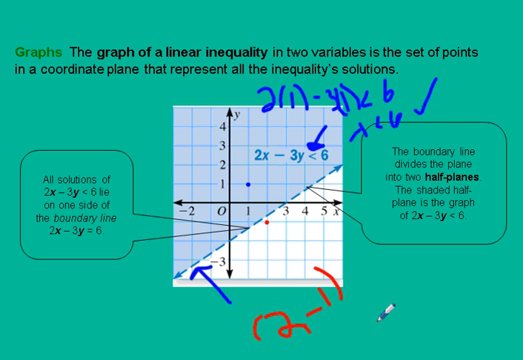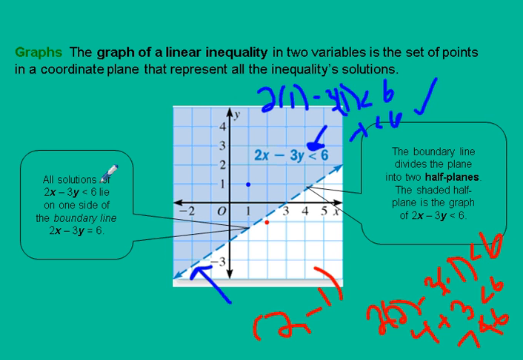If I plug that in, I get 2 times 2 minus 3 times negative 1 is less than 6. 4, and negative times a negative 3 is a positive, so 4 plus 3 is 7. 7 is not less than 6. So we can tell that this is not the section.